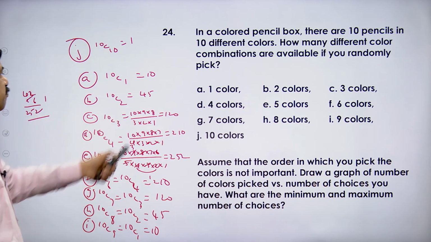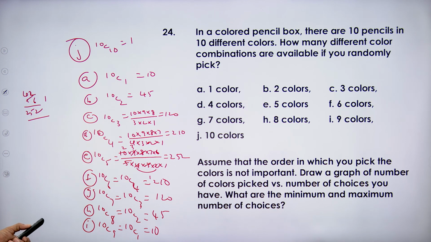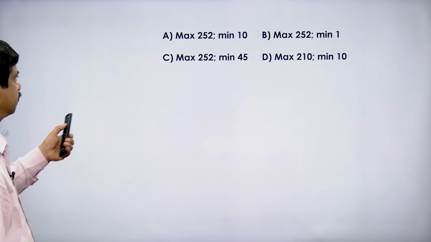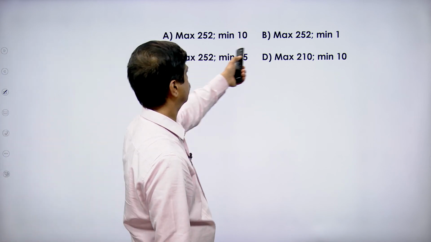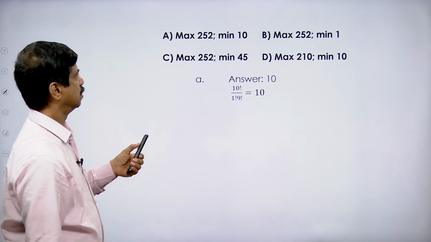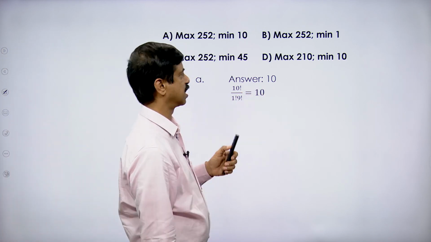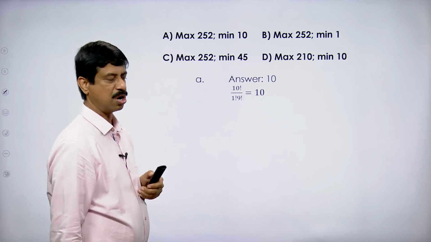So, maximum number of ways. Assume that the order in which you pick the colors is not important. Draw the graph of number of colors picked versus number of choices you have. So, he is asking you to draw the graph. The answer is 10 because we are not considering the order of picking.